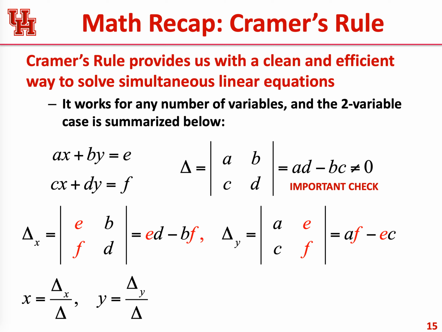So I put e and f here, keep the a and c from before, and I get af minus ec. That gives me a way to solve for y, which is delta y divided by delta, equal to af minus ec divided by ad minus cb, and again, provided delta is not equal to 0, because it doesn't make sense to divide by 0. That's an important thing to check for.